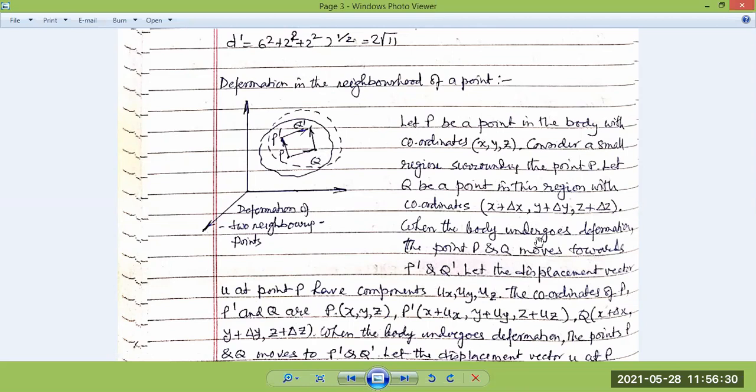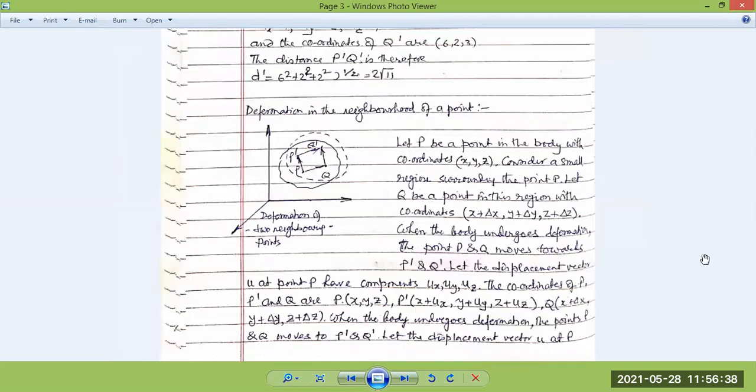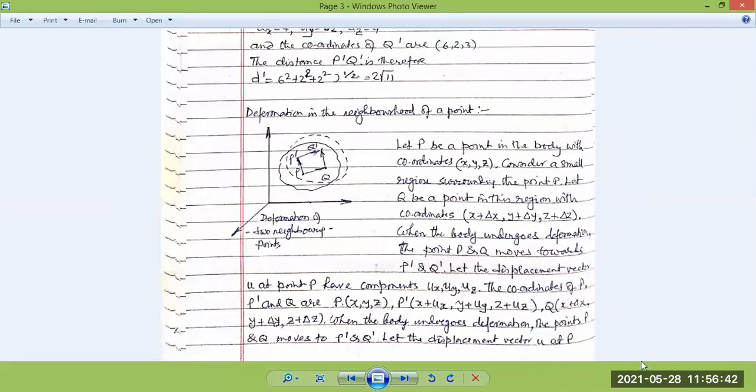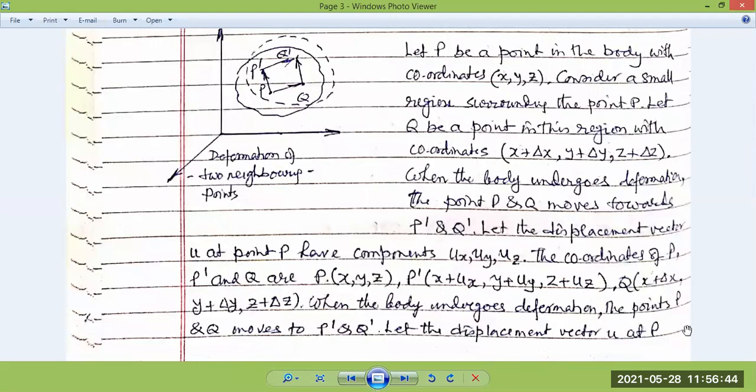Next, the body undergoes a deformation. Point P and Q move: P moves to P dash, Q to Q dash. So let the displacement vector U at point P have components ux, uy, uz.